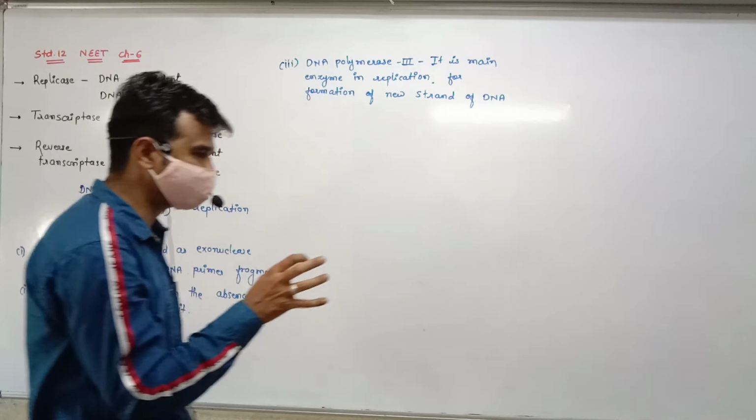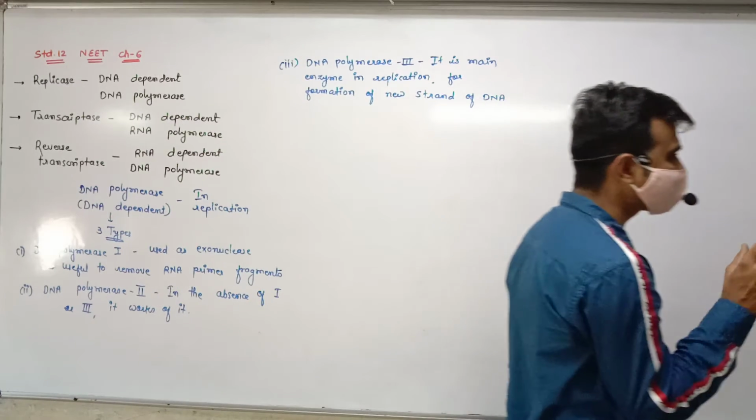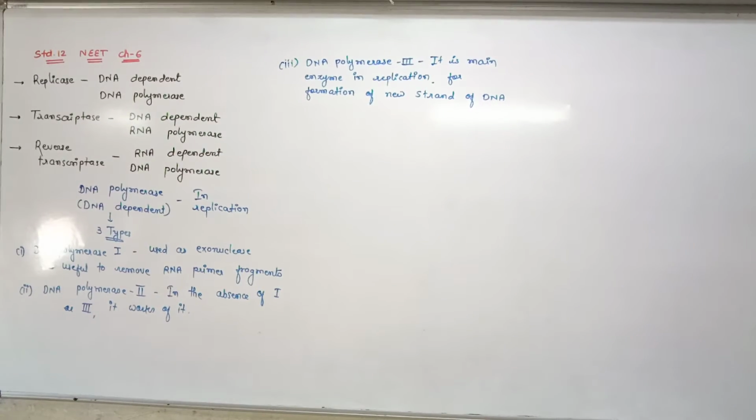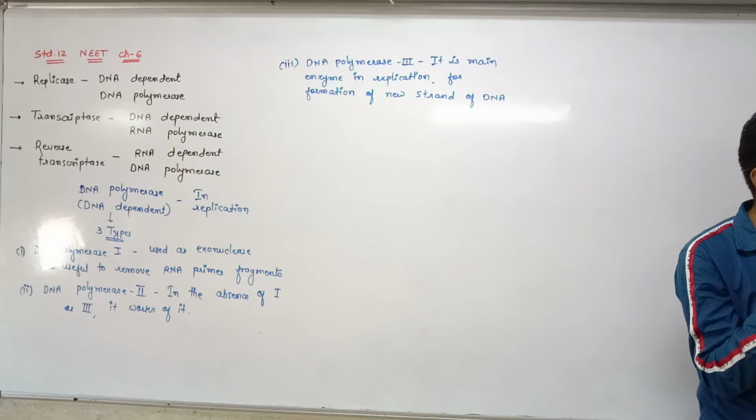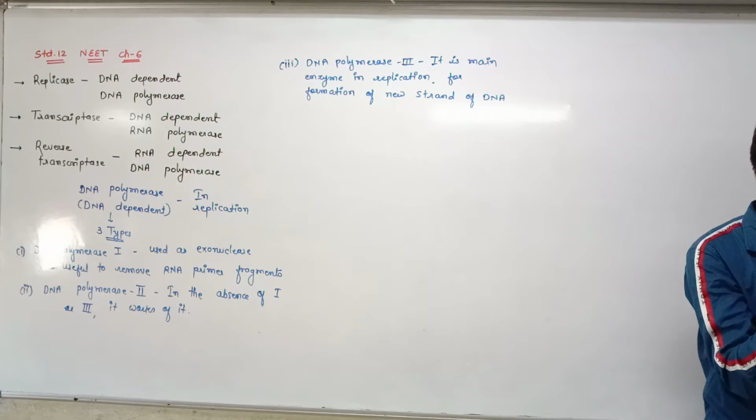So on the lagging strand, the DNA fragment between two successive RNA primers is known as the Okazaki fragment. An Okazaki fragment cannot consist of the RNA primer. Okay? Okazaki fragment is a DNA fragment on the lagging strand.